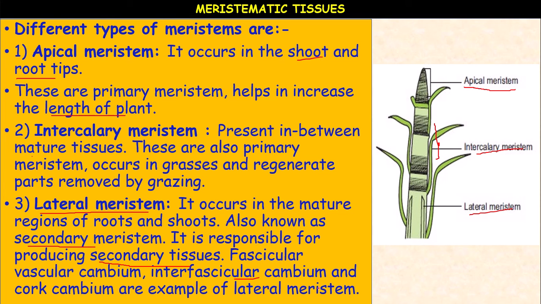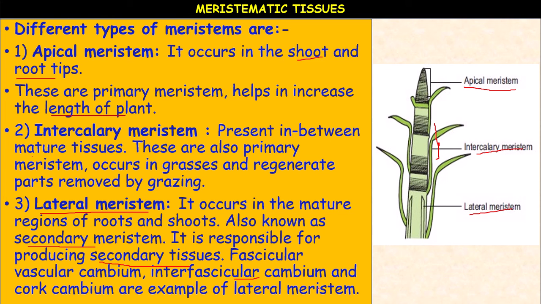What is girth? Nothing but secondary growth. Fascicular vascular cambium is a primary meristem, but interfascicular cambium and cork cambium are secondary. Cork cambium is also called phellogen.